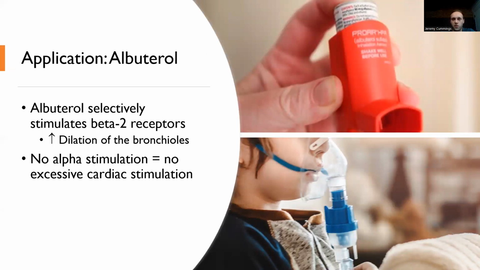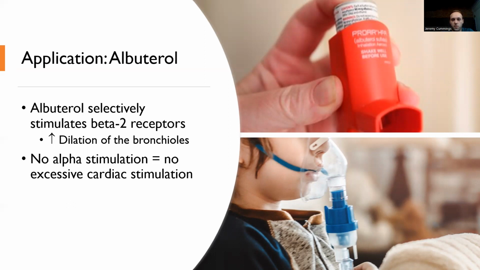Albuterol is another medication that has an effect on these alpha and beta receptors. Albuterol specifically only stimulates beta-2 receptors. Okay, so it doesn't have anything to do with beta-1 or alpha receptors. Remember that those beta-2 receptors are focused on our lungs, so they cause dilation of the bronchioles if we give albuterol.